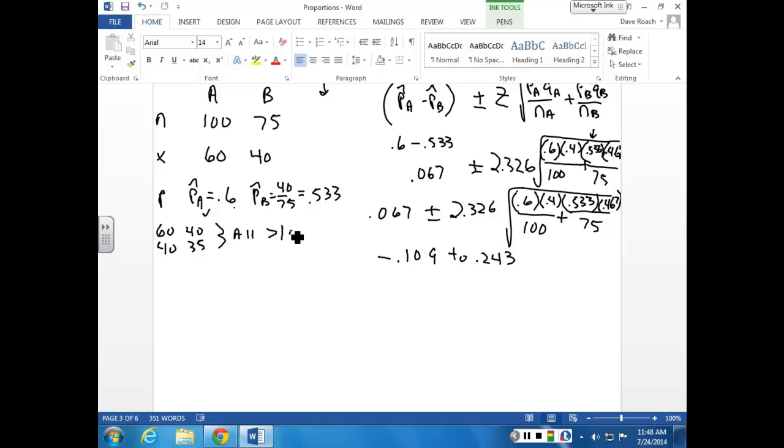I'm going to say our H0 is going to be PA equal to PB, or PA minus PB is equal to 0. So what that's saying is, if they're equal, it doesn't make any difference which group you're in. There's no distinction. We really just have one larger population if H0 is true.